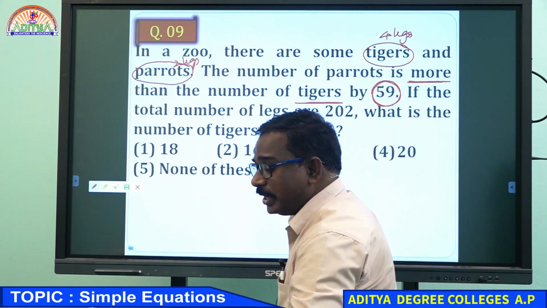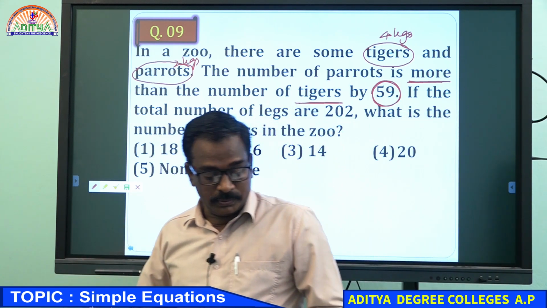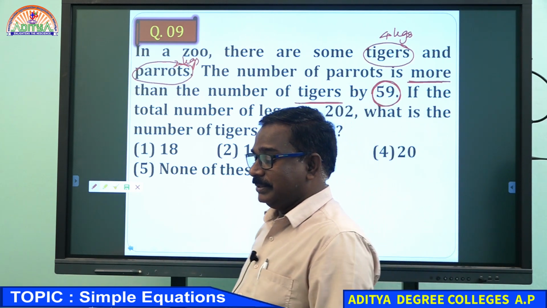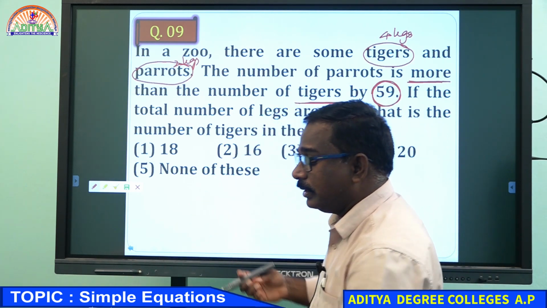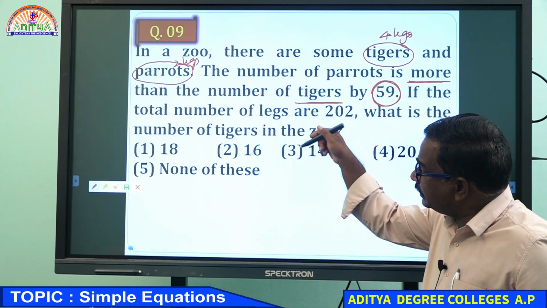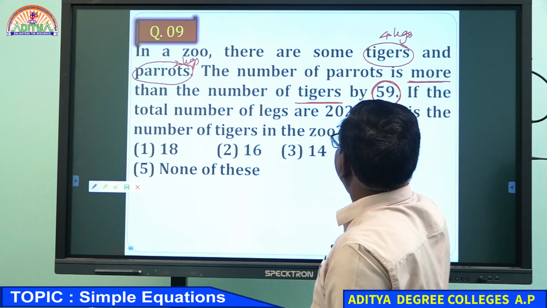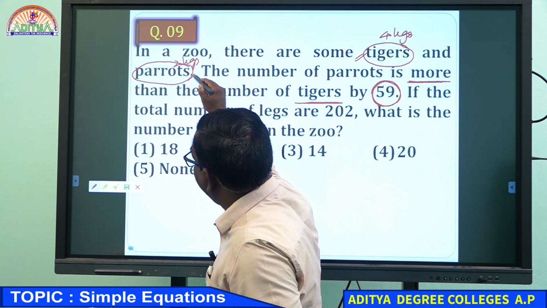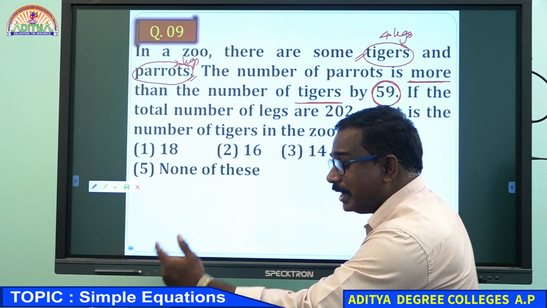In the previous question, there is no more or less term, just legs and heads were given. By that, we got the number of parrots. Now, in this question, tigers have 4 legs, parrots have 2 legs, and one relation is also given.